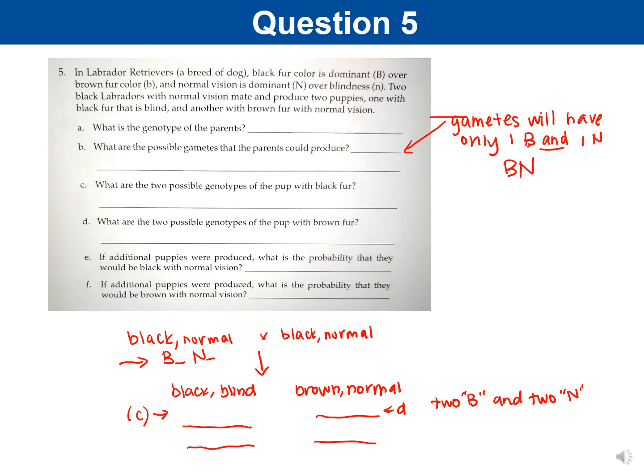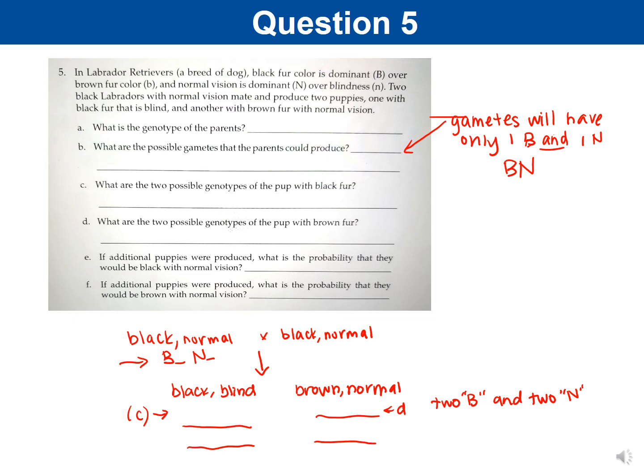Now, E is asking you to do a cross between the two parents, the black normal and the black normal. Once you get your genotypes for the parents, you're going to cross those parents and record the probability that the puppies would be black with normal vision. F is, if additional puppies were produced, what is the probability that they would be brown and normal? That's using your Punnett squares to figure out the probabilities.